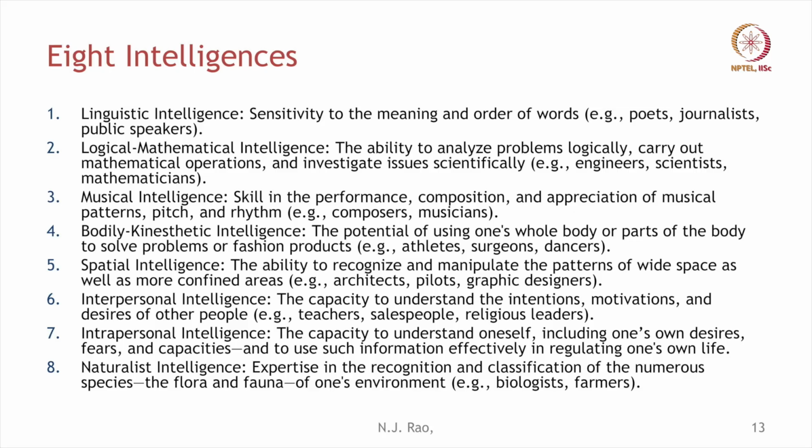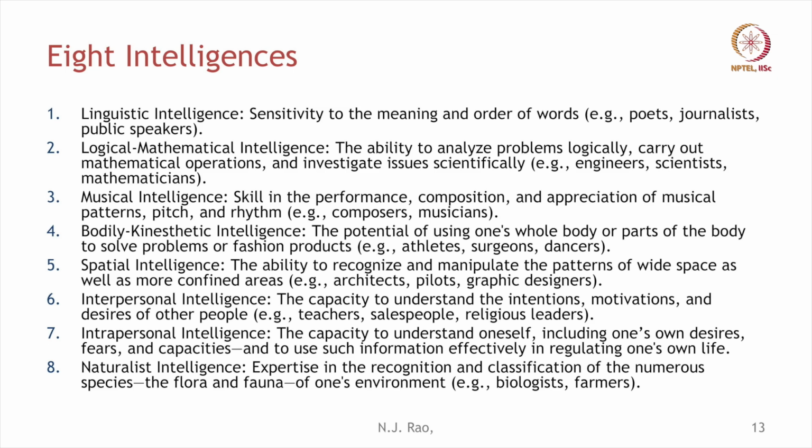Then Howard Gardner identified another one called naturalist intelligence, expertise in recognition and classification of the numerous species, the flora and fauna of one's environment. Biologists, farmers, they have this particular naturalist intelligence.